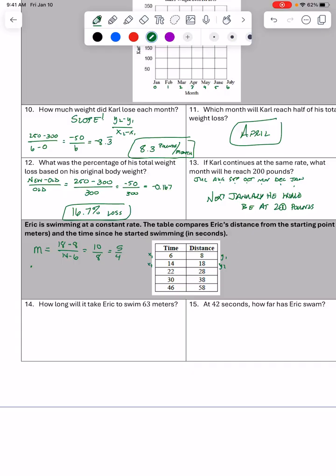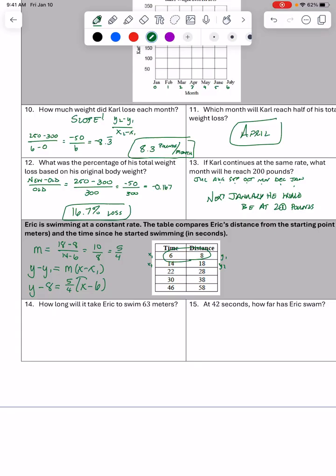Now, if we think about writing the equation of a line, right, there's our point slope form. So we have a slope, and let's just use this first point as our x1, y1, right? So we go y minus 8 equals 5 over 4 times x minus 6. Okay?